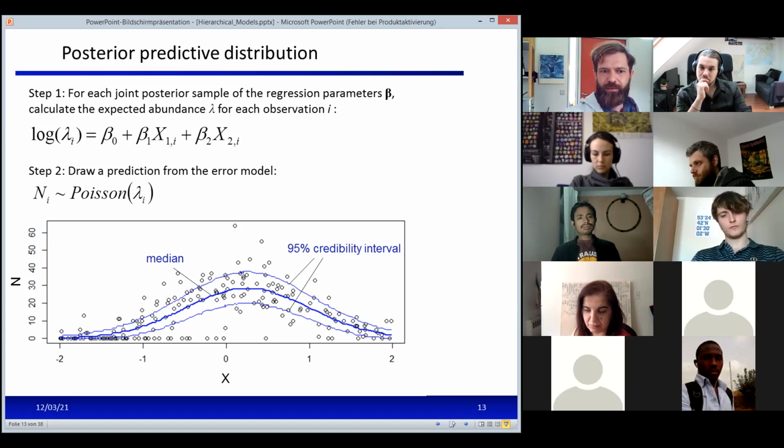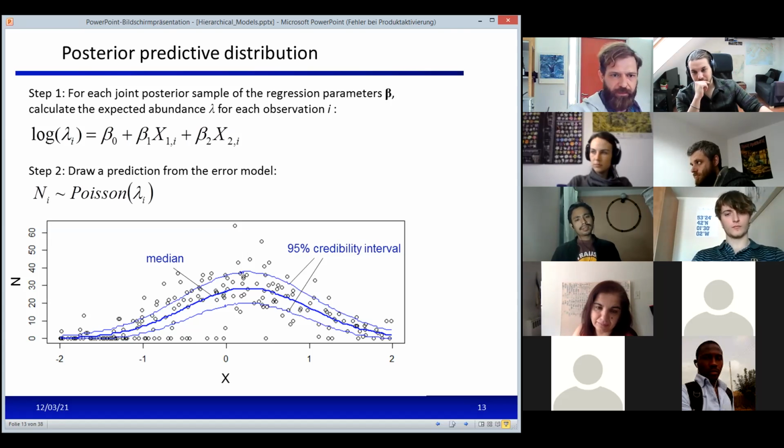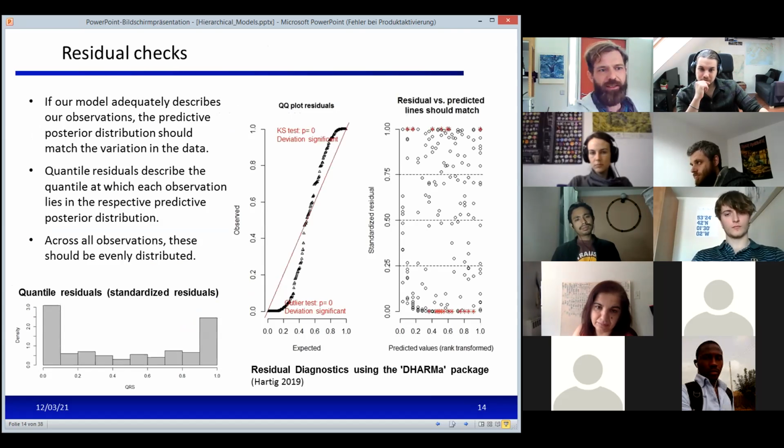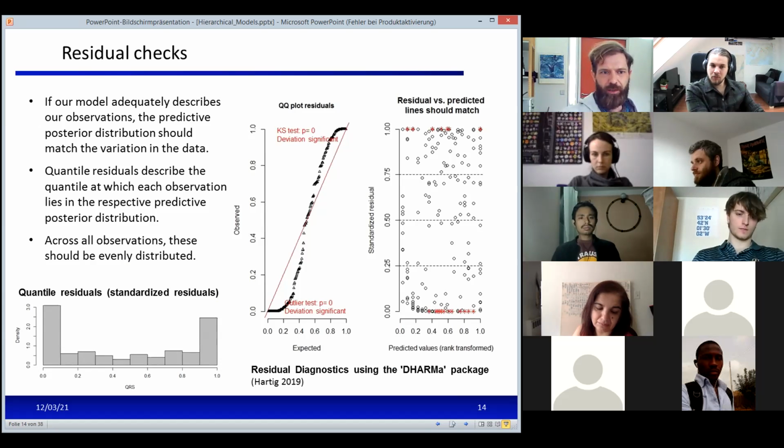And then I guess you discussed in quite some detail this idea of residual checks based on this posterior predictive distribution with Florian Hartig a few weeks ago. Where the main idea is that if our model would adequately describe the variation in our data, we would expect that this predictive posterior distribution evenly covers our observations.